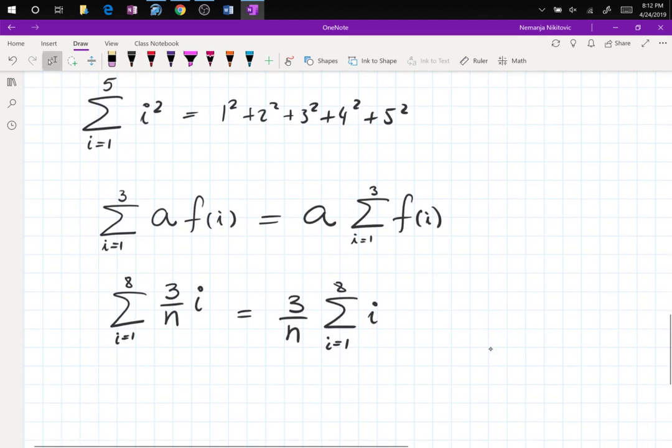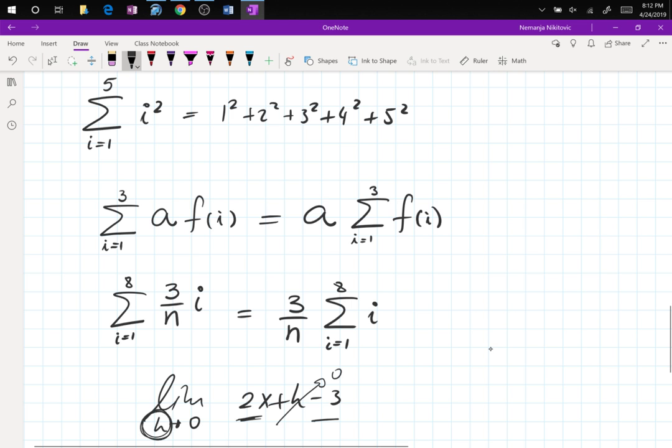Right? Do you remember when you guys had to take the limit h goes to 0 of 2x plus h minus 3? What was limit operating on? What was limit killing here? It was killing just the h, right? It never bothered 2x or a 3. Right? Because the variable in the limit was h goes to 0, not x goes to 0.